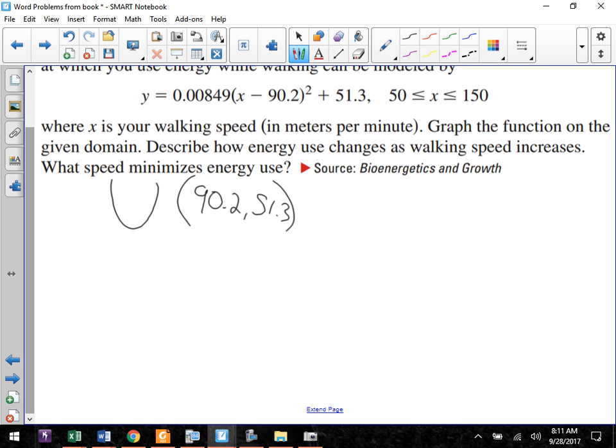Now, before we get too far, it said, what speed minimizes energy use? Well, remember, y is the energy, x is your speed. What speed minimizes your energy use? 90.